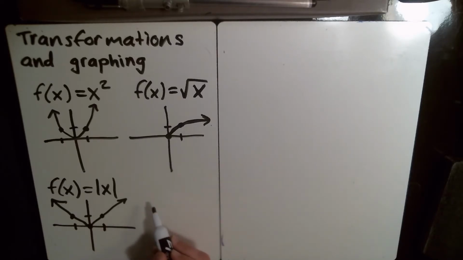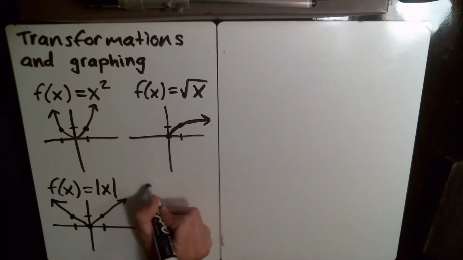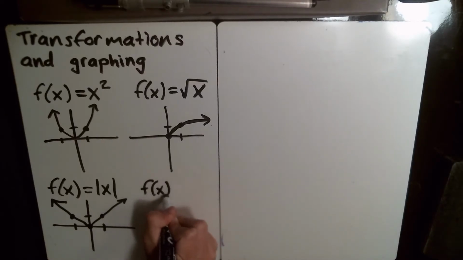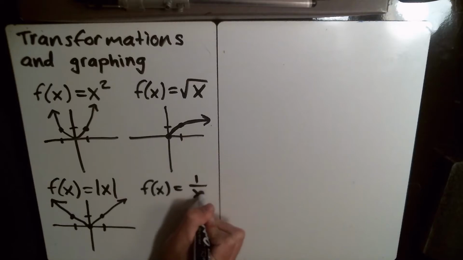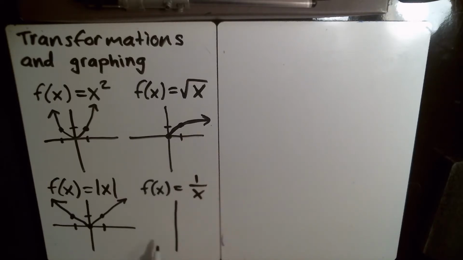And then lastly, one that I want to look at as well is 1 over x. Okay, what does that look like? Well, at 1, it's going to be 1. At 2, it's a half, right? So it gets really small over here.